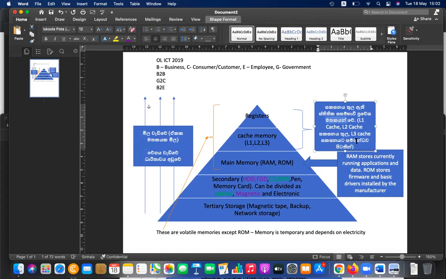And here, these are actually static random access memories inside the processor.